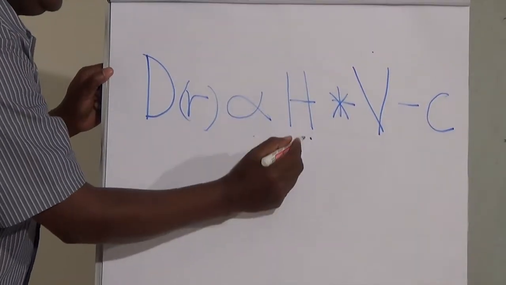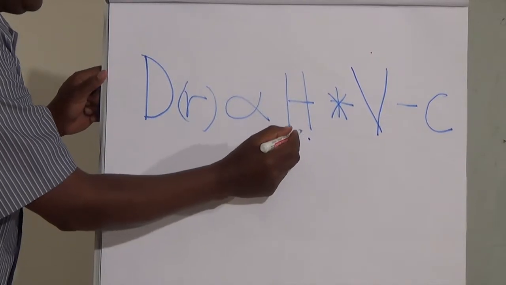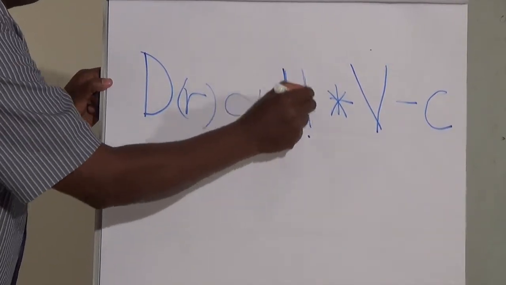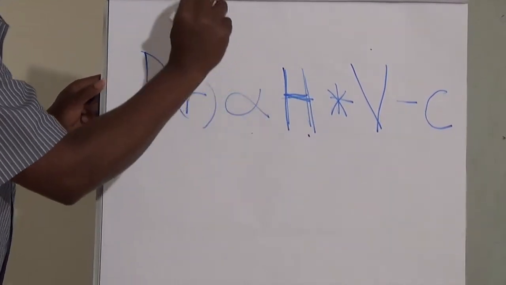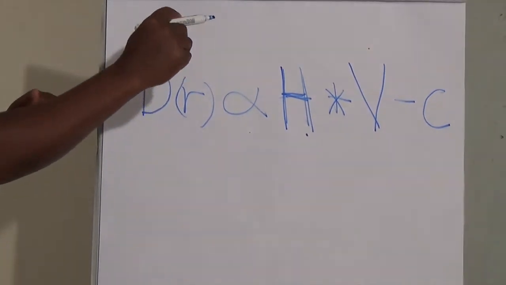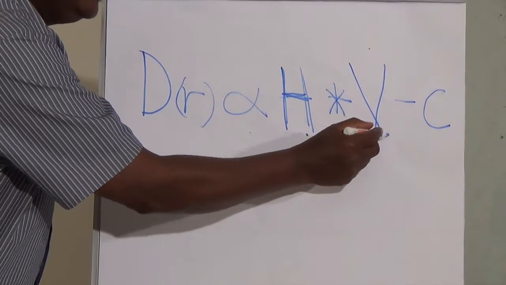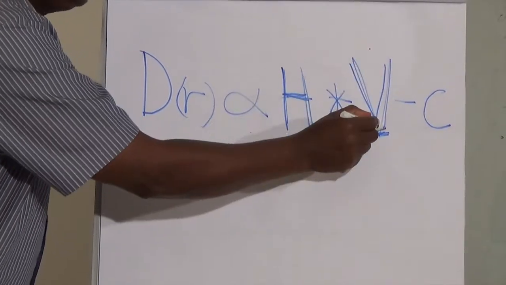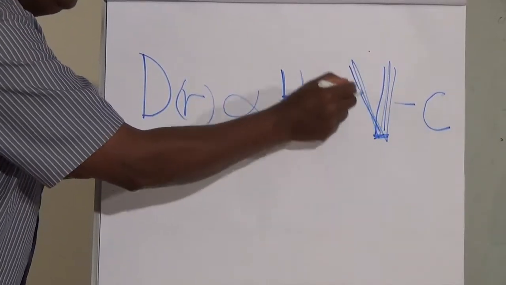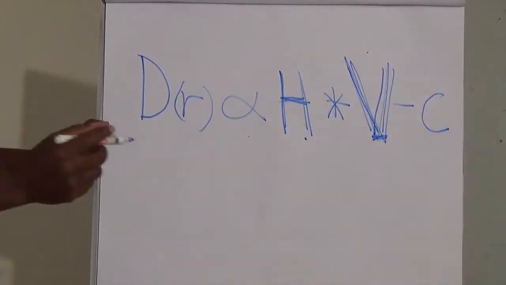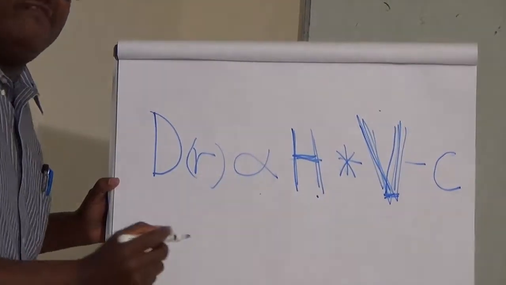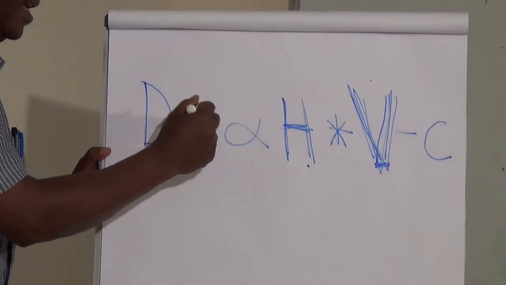This means that the hazard is proportional to the magnitude of the risk. Vulnerability as well: the higher the vulnerability of the community, the material and the environment, the higher the risk.